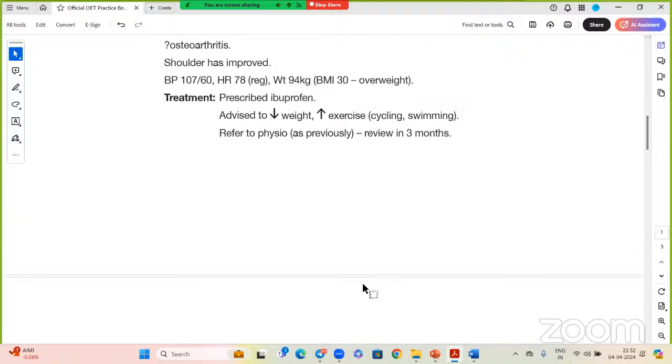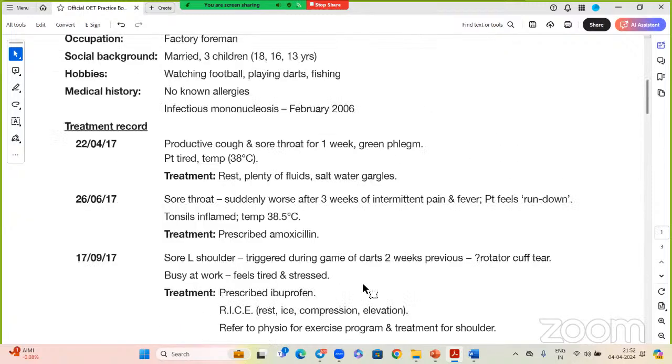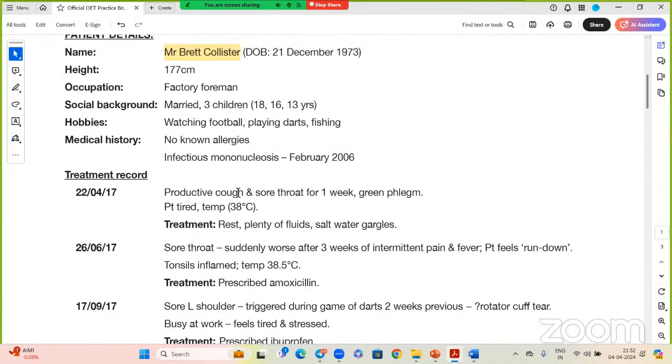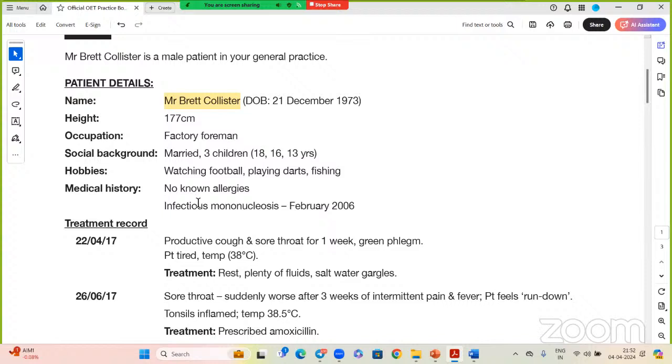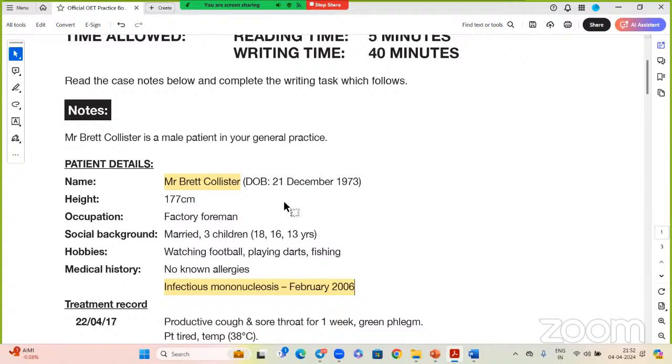Now you can see here, he has infectious mononucleosis. February 2006. Infectious mononucleosis. One infection here.